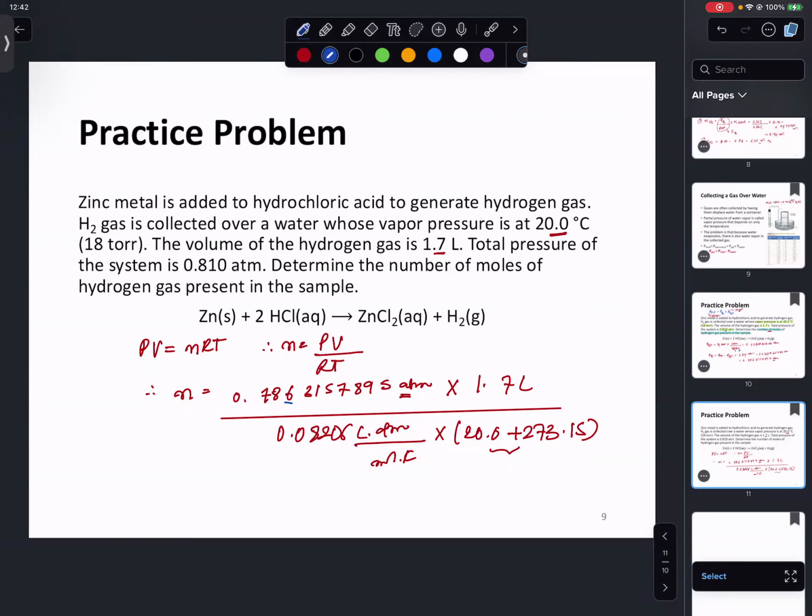Note that the lowest number of sig figs is 2 right here. So my final answer should be rounded to 2 sig figs. Therefore, when I solve for n, I get 0.05567966683 moles of hydrogen. This is going to give me 0.056 moles of hydrogen. It should be 0.056 since it is just 2 sig figs.